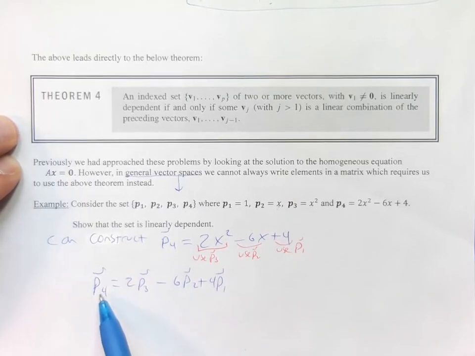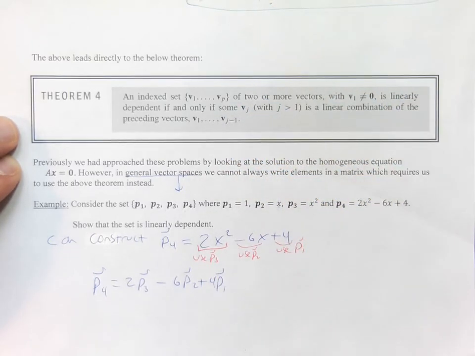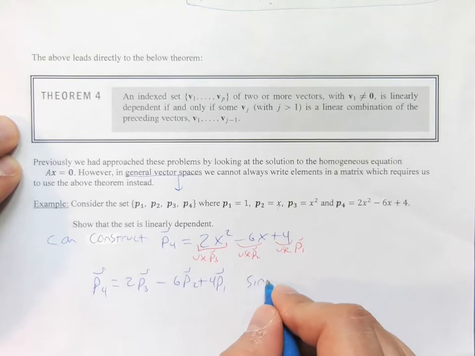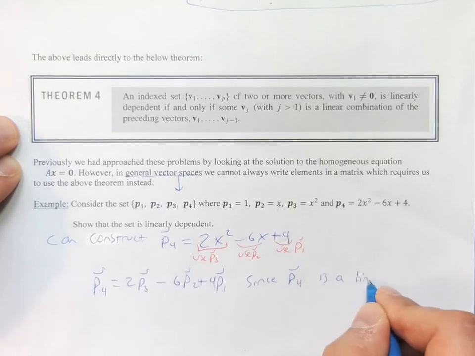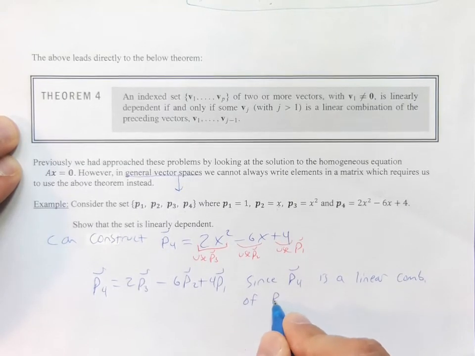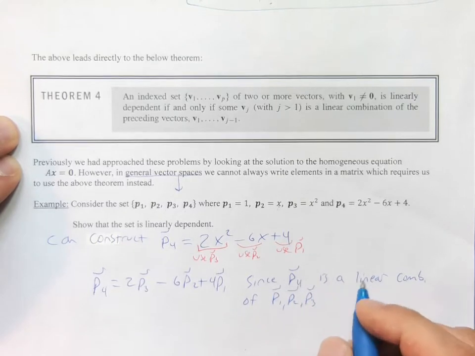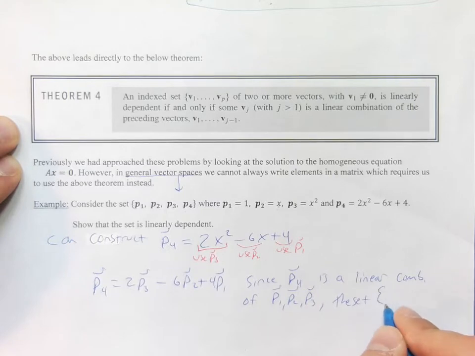Right? So p4 is a linear combination of p1, p2, and p3, which means it's linearly dependent by this theorem and the definition at the top of the page. Right, so since p4 is a linear combination of p1, p2, p3, the set is linearly dependent.